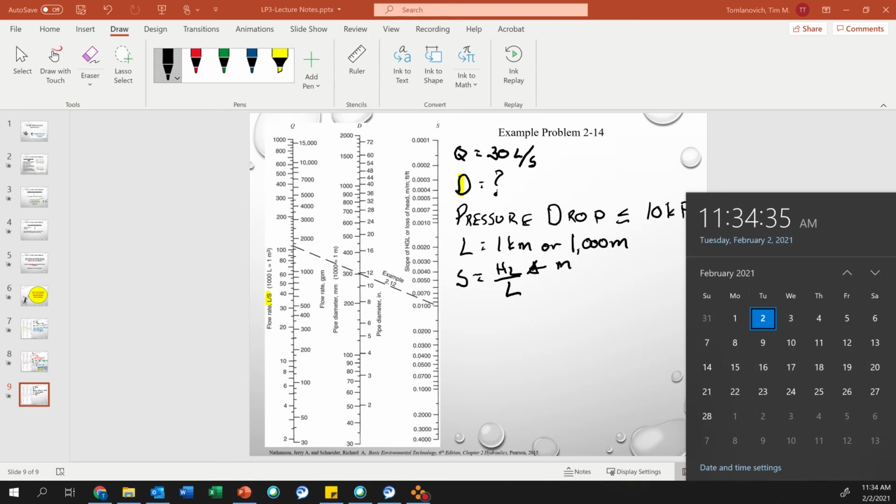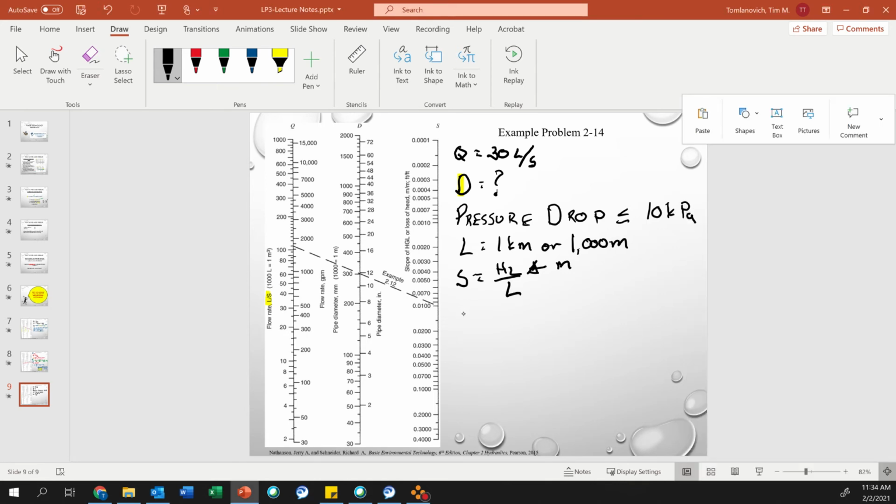So knowing, my thought process here is writing down what I know. I know L is related to this slope, HL over L. Okay, and now I can start solving this.